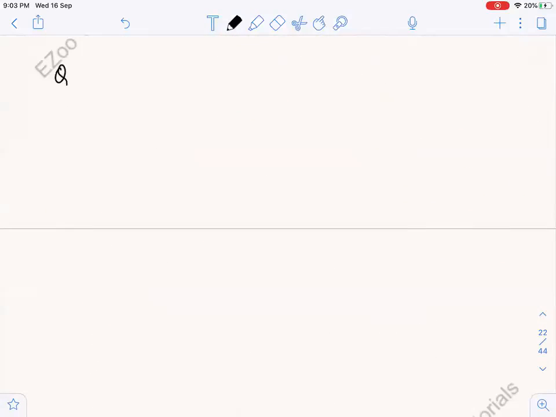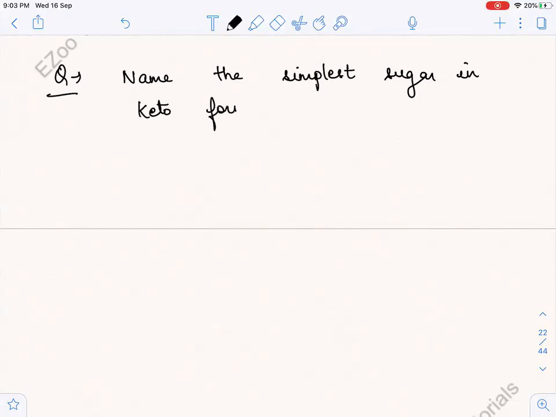Chalo. Now one more thing. Now the question can come. Name the simplest sugar in keto form or group. What will be the answer? Dihydroxy acetone. That's why I said you need to learn that chart. Okay, very easy.